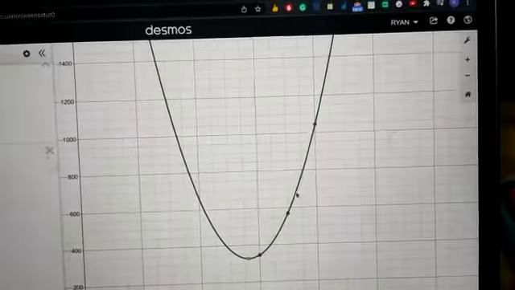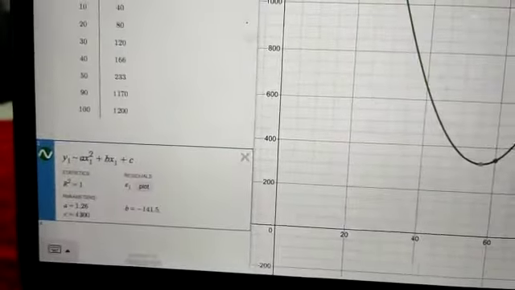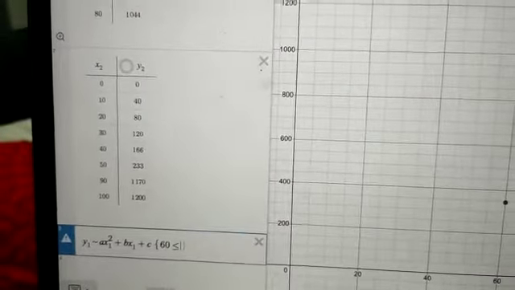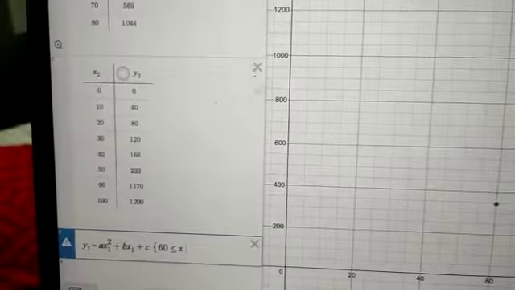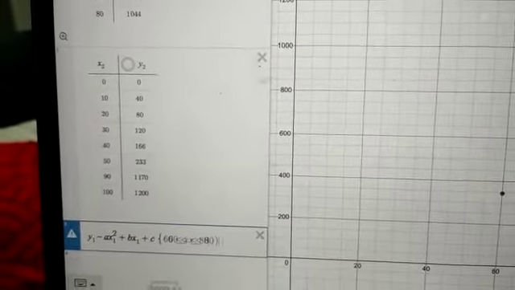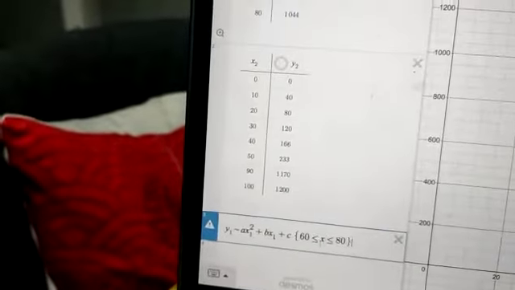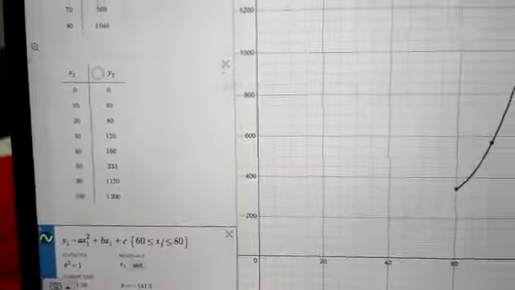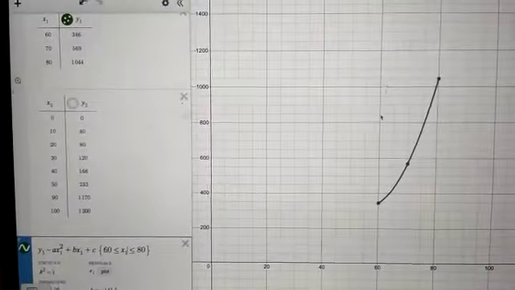As you can see, we have a quadratic curve very nicely fit onto these 3 values. Now I will set the domain to be between 60 and 80. So as you can see, this is the curve that describes these 3 values.